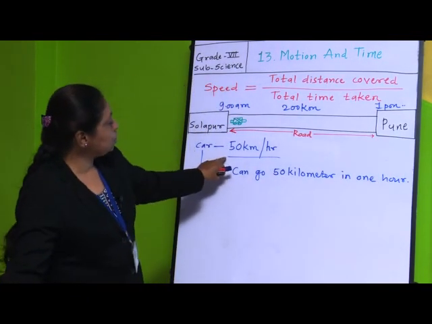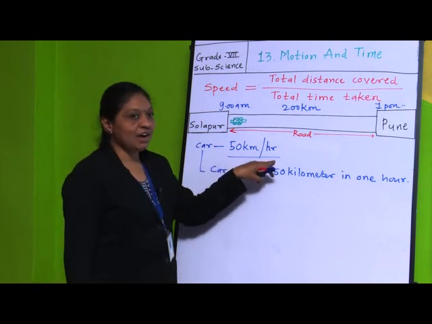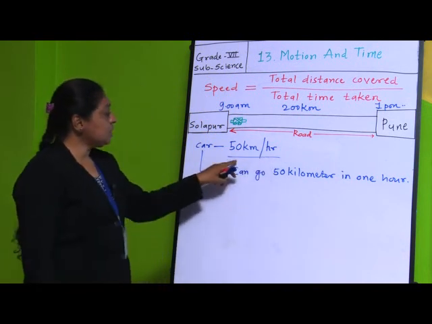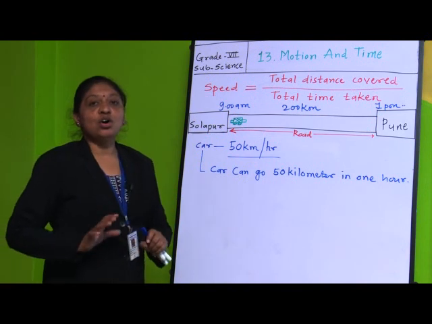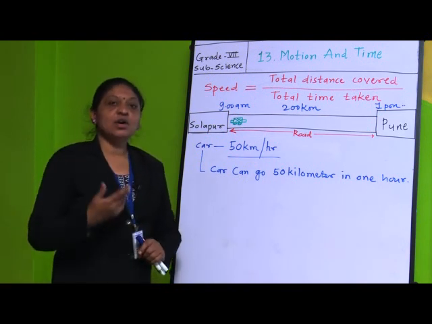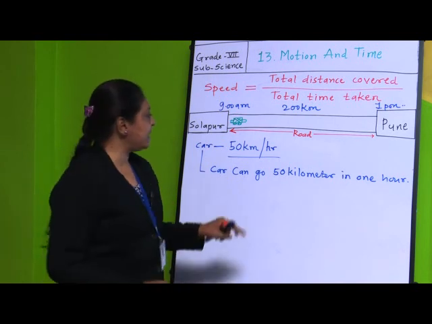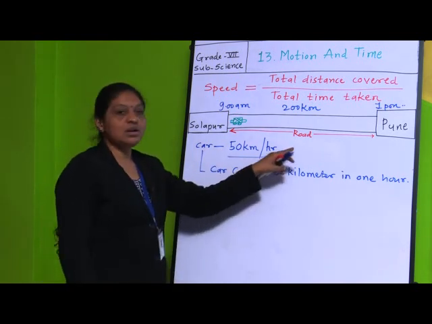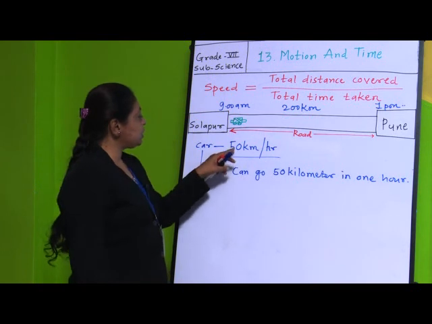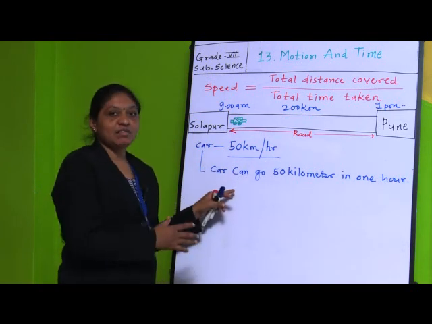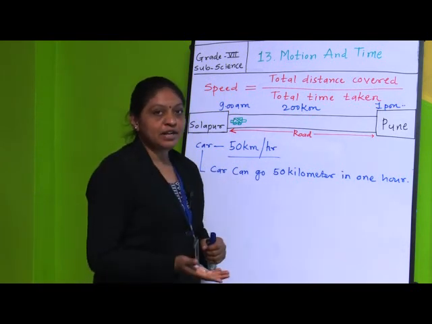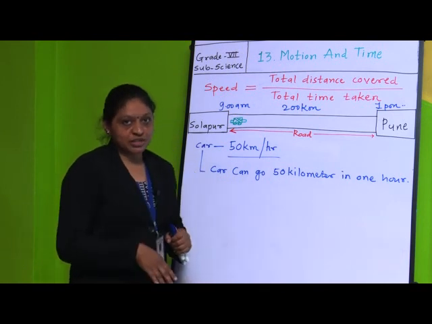Suppose this car is going 50 kilometers in 1 hour, then this car does not have a constant speed. With higher speed, with slower speed, this car can move for 1 hour. So this 50 kilometers can be covered with higher speed sometimes, with slower speed sometimes.